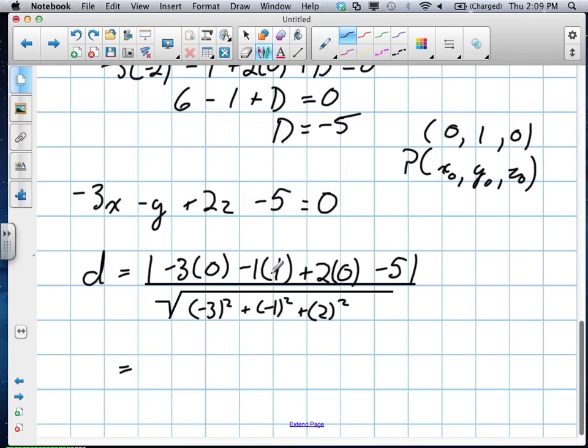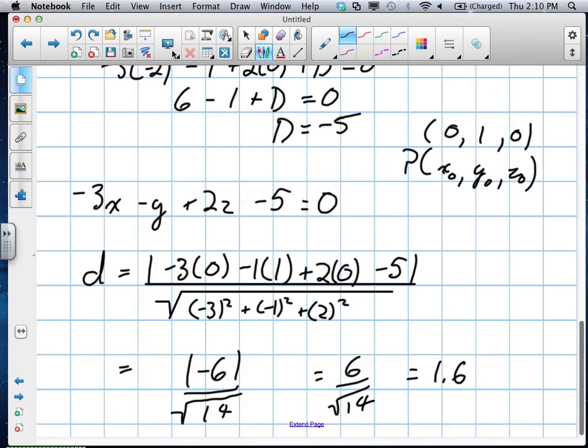This gives us negative 1 minus 5, which is negative 6, all over 9, 10, 14. So we have the absolute value of 6 over root 14, which gives us a value of 1.6.